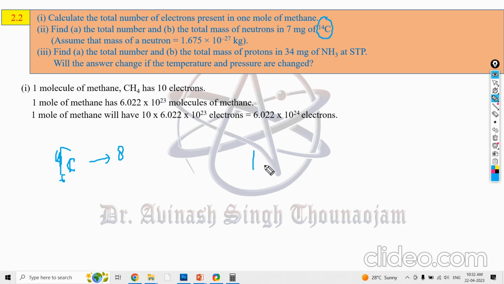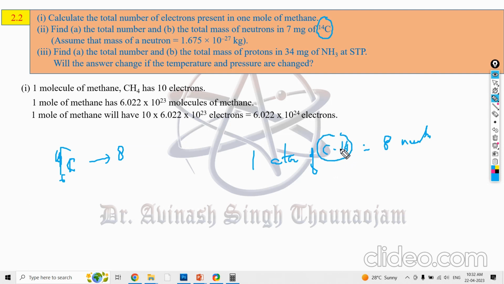If you take one atom of carbon 14 that has 8 neutrons, what will be the weight of one carbon 14 atom?